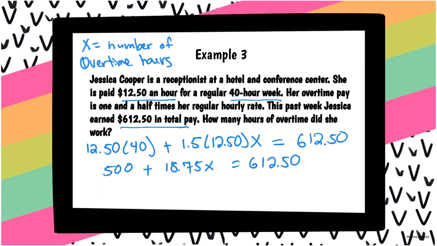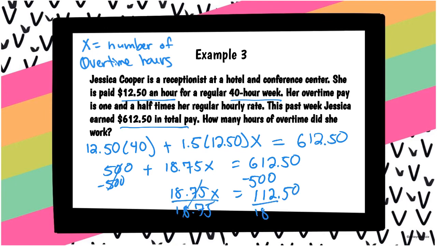Now we're trying to get the X by itself, so we move the 500 to the other side by subtracting. 612.50 minus 500. Divide both sides by 18.75. We get our final answer that X equals 6 hours. So that means she works 6 hours of overtime.